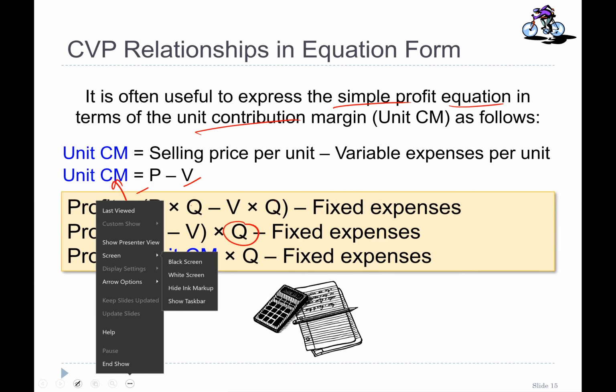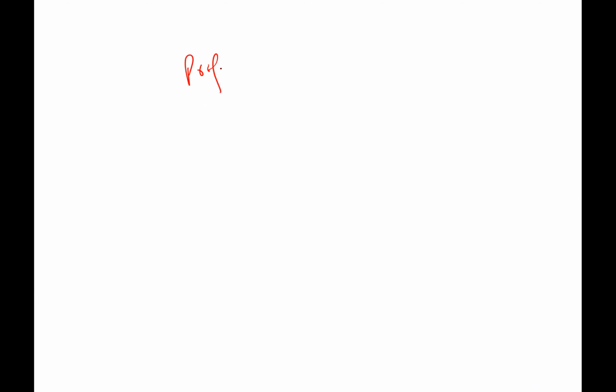So I'm going to do that on a white screen here. So we know that profit is equal to sales minus total cost, and then we segregated it into sales minus fixed cost minus variable cost, and then we rearrange with the per unit terms.